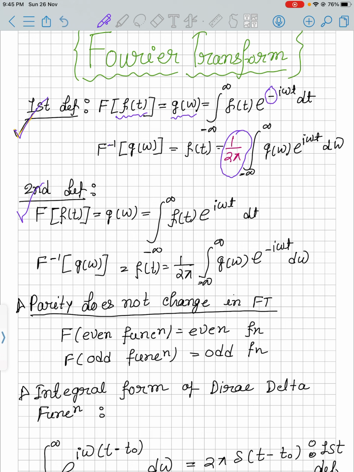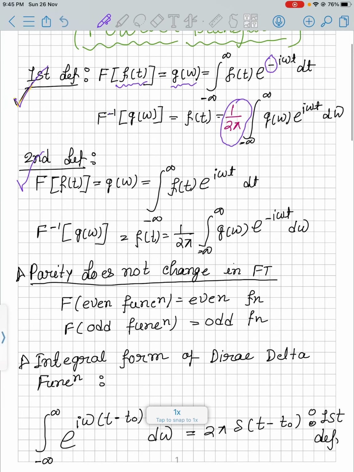So note that in the first definition there is a minus sign for the Fourier transform, and the other one is plus. Recall this definition. The second definition is similar to the first definition, only the sign changes. In the first definition, the Fourier transform of a function of t is f(t) e to the minus i omega t.